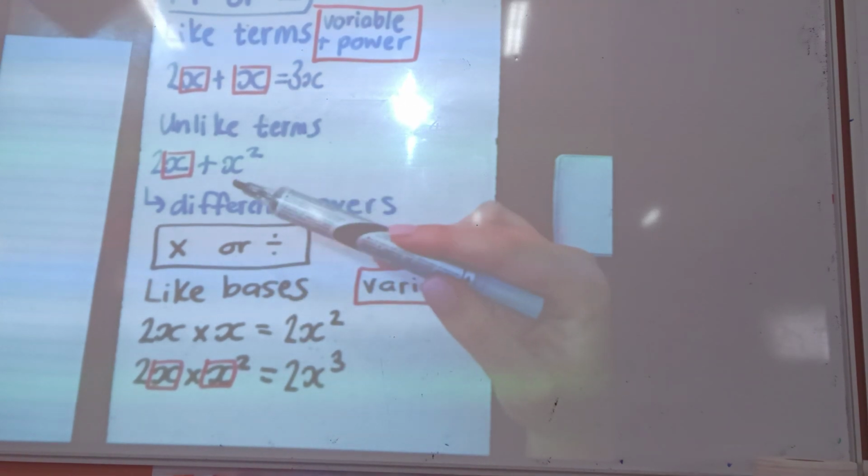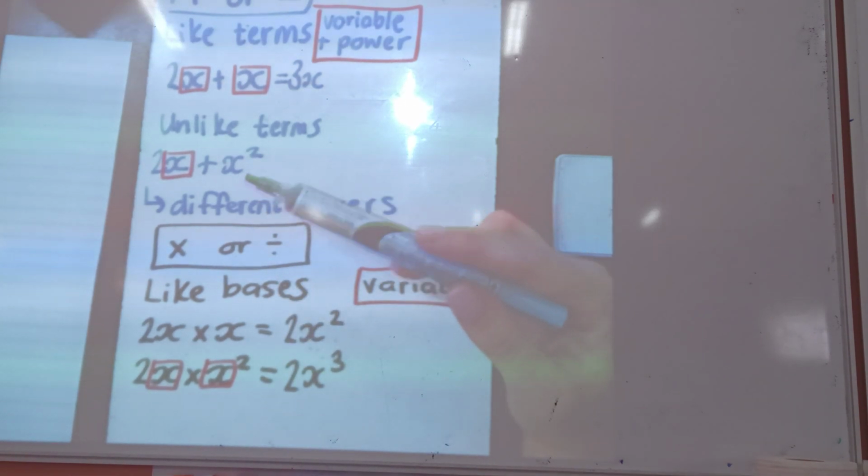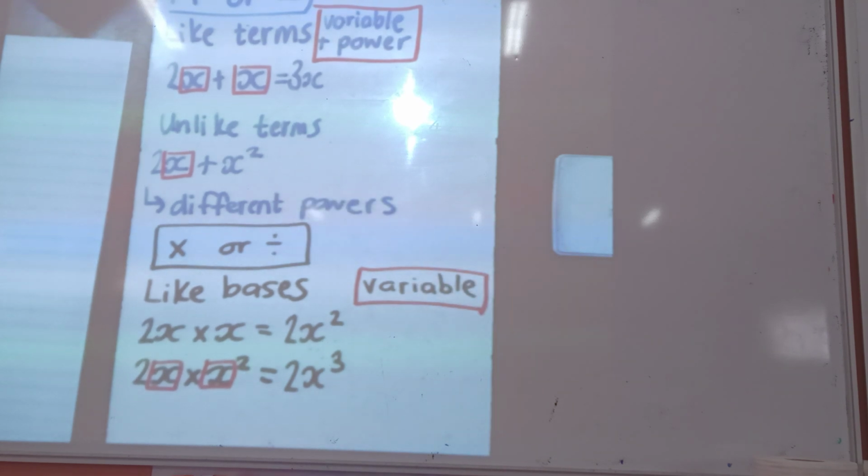So when I add variables that have different powers, you can't do anything with them because they're called unlike terms. But when I'm multiplying, as long as the variable is the same, they can interact with one another. So it's very important to decide: am I adding or subtracting?